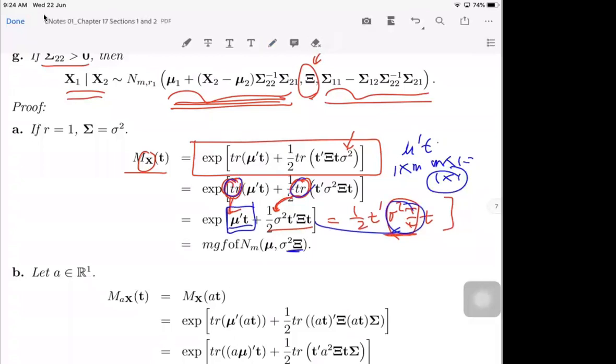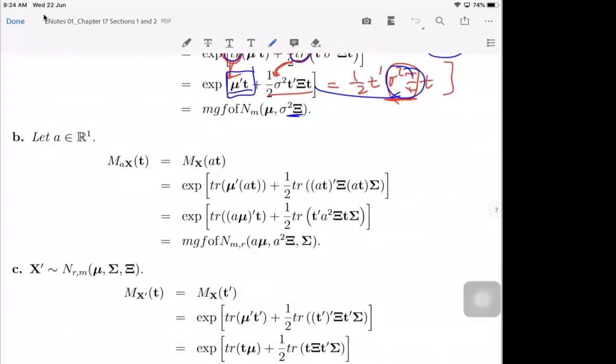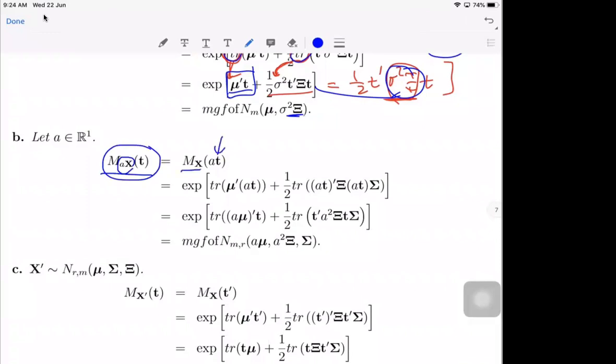Okay, next. This is similar. This should be familiar to you. You know that when we do a transformation on x as AX, the moment generating function is just equal to the moment generating function of x at A t, no?